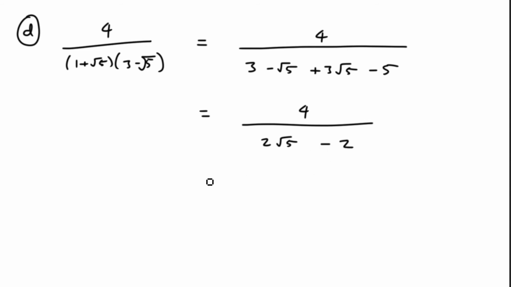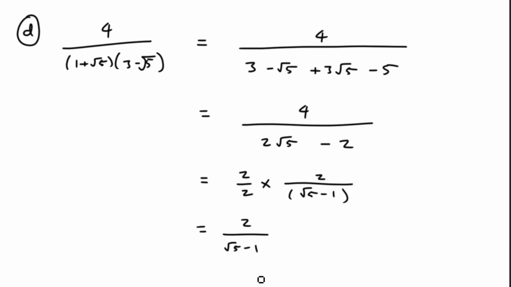We can simplify that slightly more before we go any further. We can write this as 2 over 2 multiplied by 2 over root 5 minus 1, and therefore we just have 2 over root 5 minus 1.